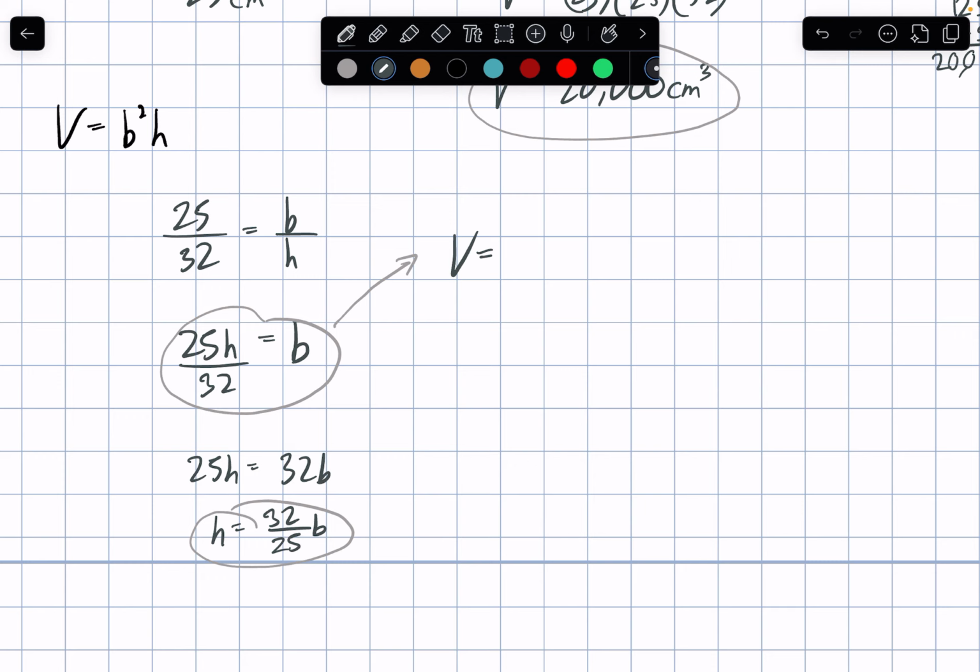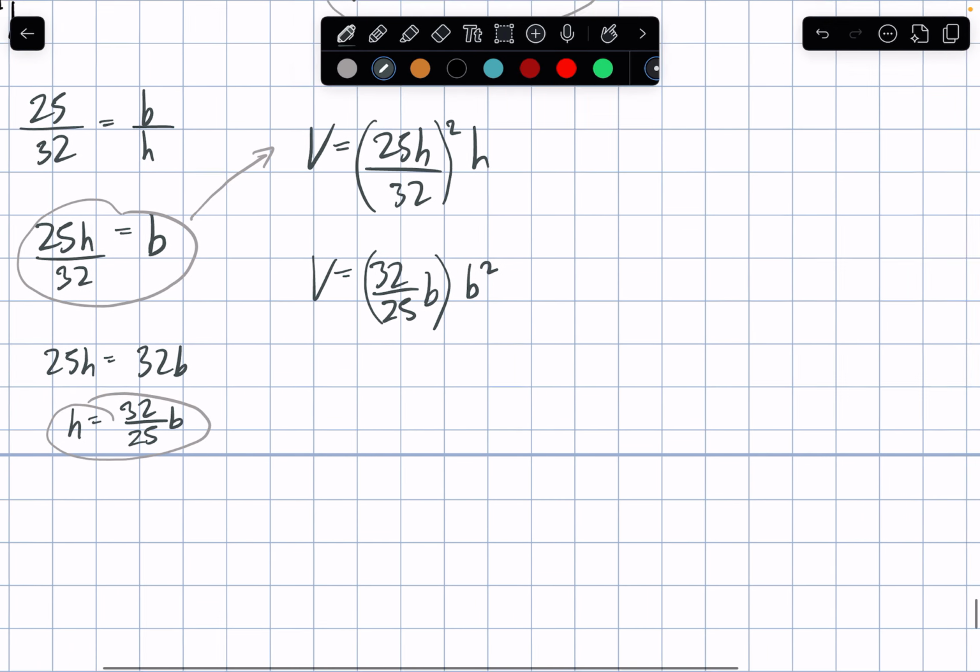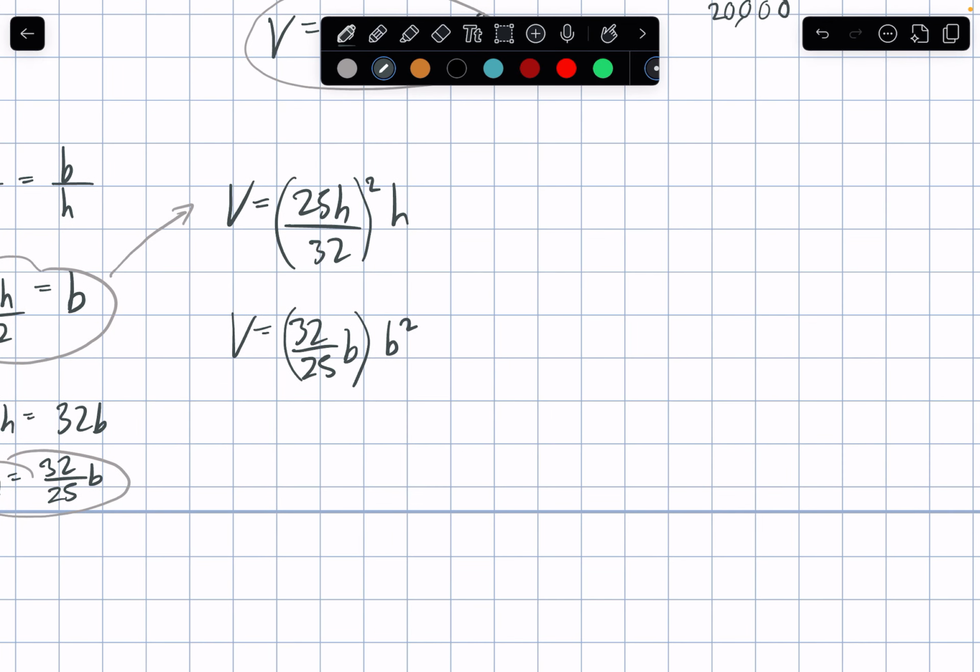Volume is equal to the base squared times h. We write that instead for the base. We can do that, or let me show you the other. 32 over 25 b times b squared. So far so good.